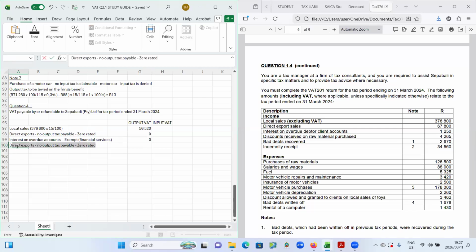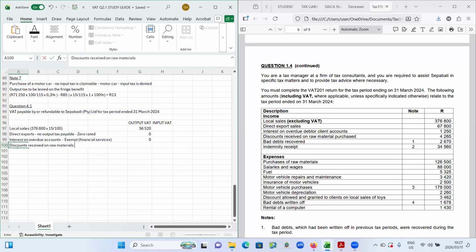Let's look at discounts received on raw materials. What are the tax implications here, Mr. Tabekul, on the discount that was received?